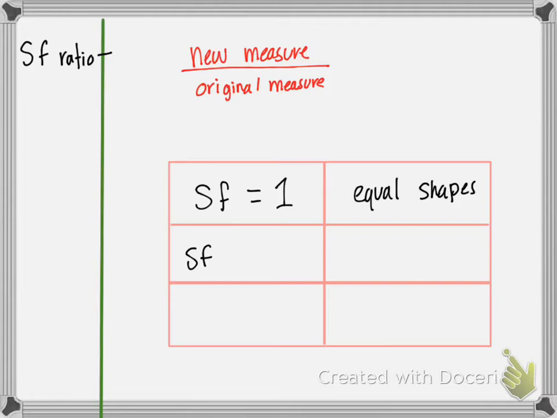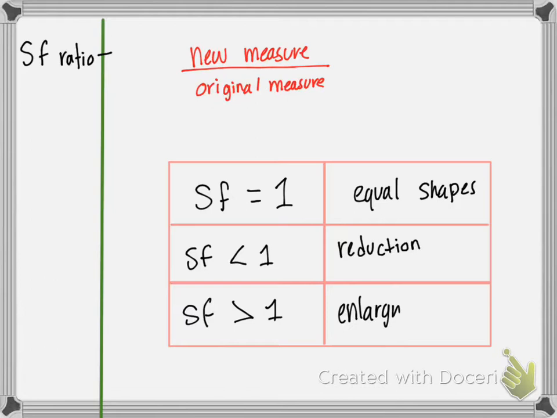But if your scale factor is less than 1, then you're going to make a reduction. If your scale factor is greater than 1, then it's going to be an enlargement. A reduction is going from big to small, and an enlargement is going from small to big.